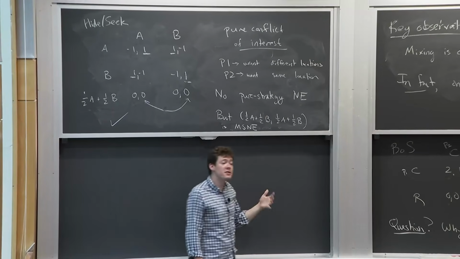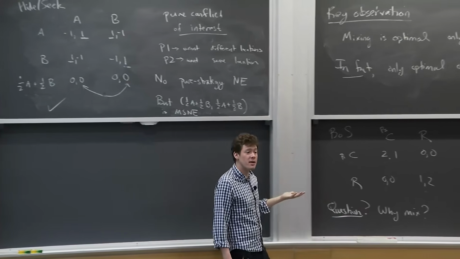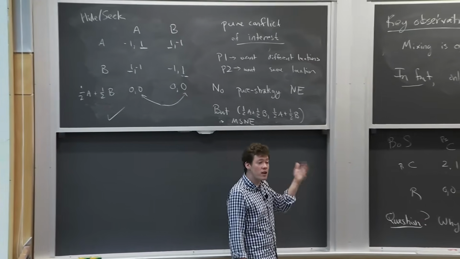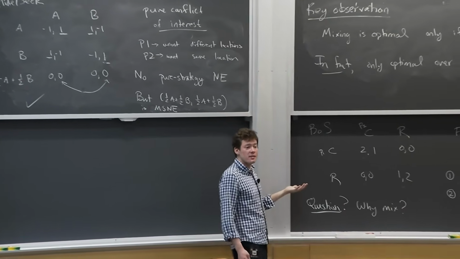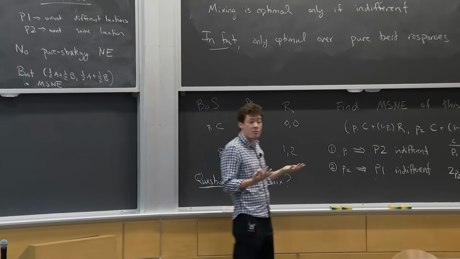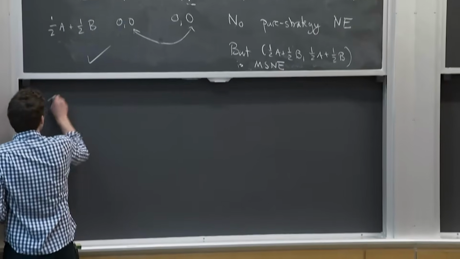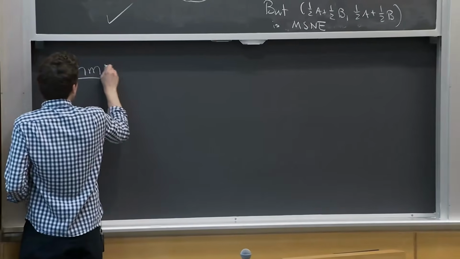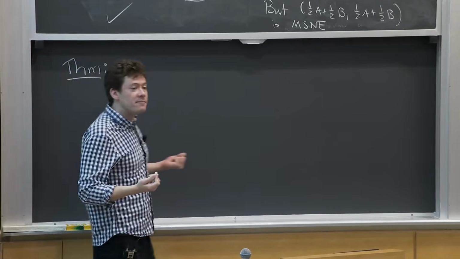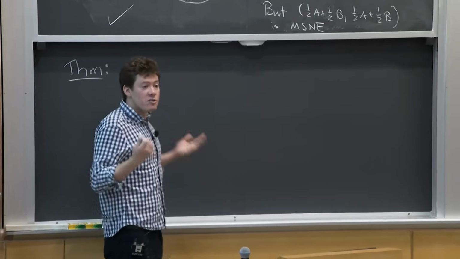But when we moved to mixed strategy Nash equilibrium, it did have one. And the question is, could we come up with some really weird game where there's no equilibrium? That wouldn't be very good for our theory, because then we wouldn't have a prediction about how people play. Fortunately, and this is really Nash's key result in 1948, that's never going to happen. Every game, within reason, has a mixed strategy Nash equilibrium.